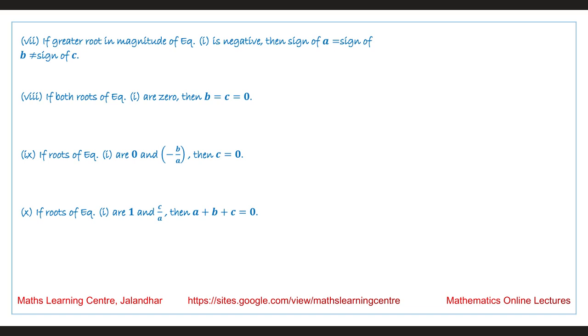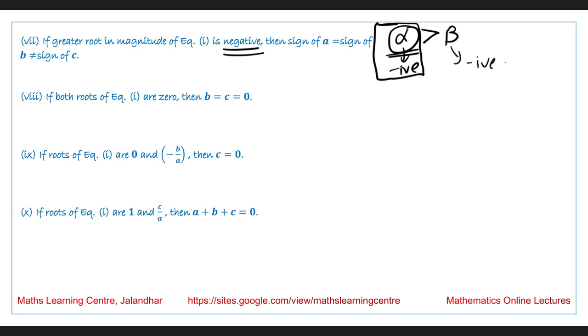Now next we have, if the greater root in magnitude of the equation is negative. In the previous case the greater root was positive, now the greater root is negative. Suppose alpha is greater than beta and the greater root is negative. Since alpha is greater than beta, beta is automatically negative.